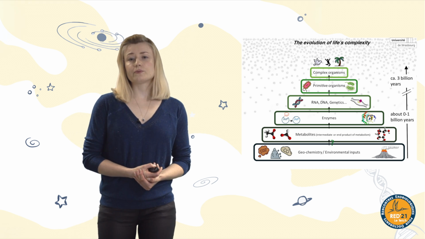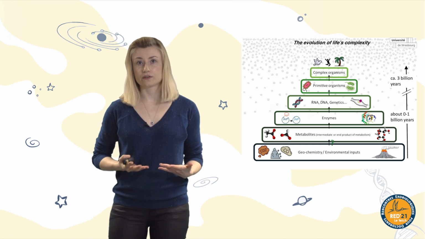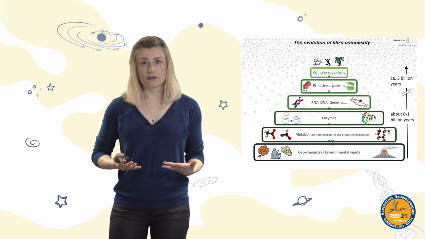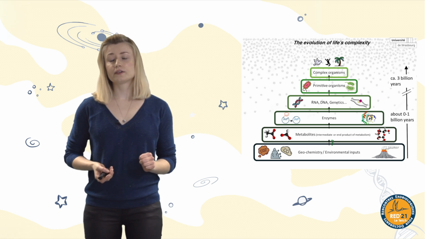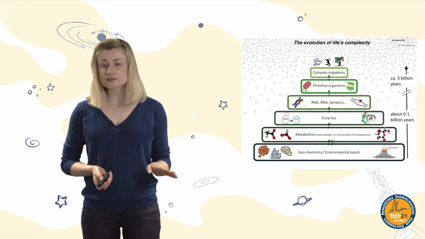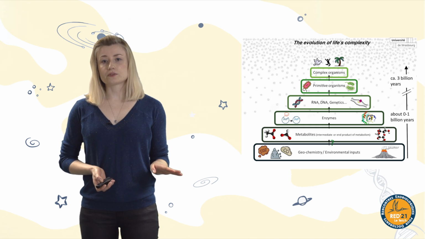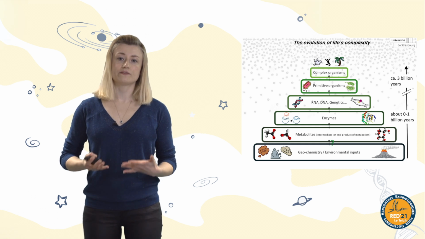There are several ways that prebiotic chemists, or chemists who work on the origin of life, can approach this, and there are two major distinctions in the approaches. One hypothesis I want to tell you about is the RNA first hypothesis, so genetics first.